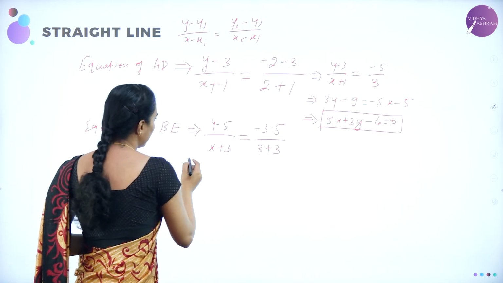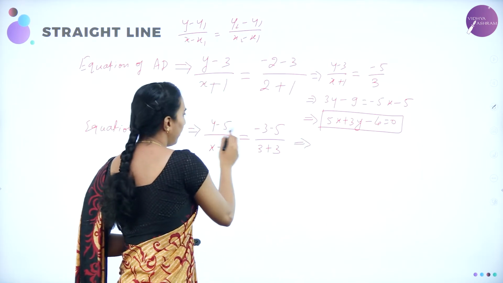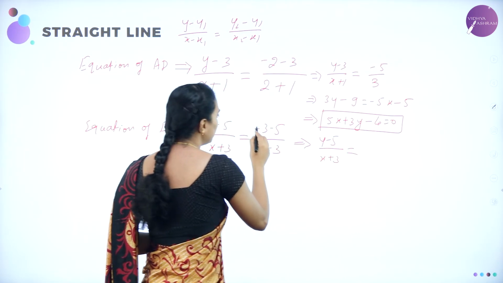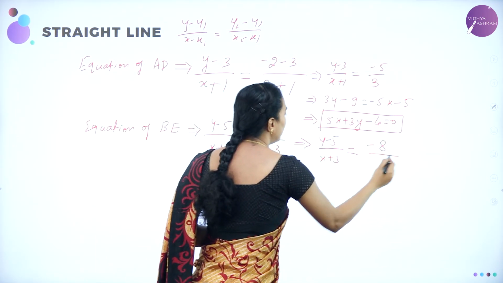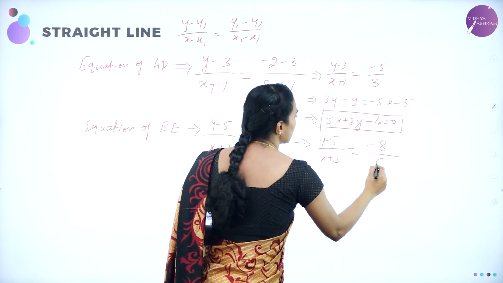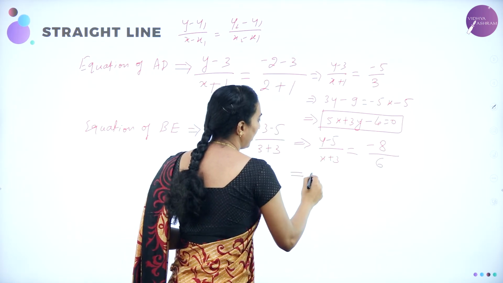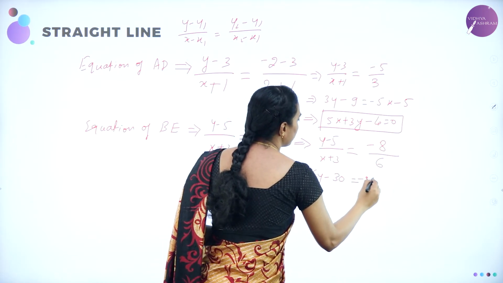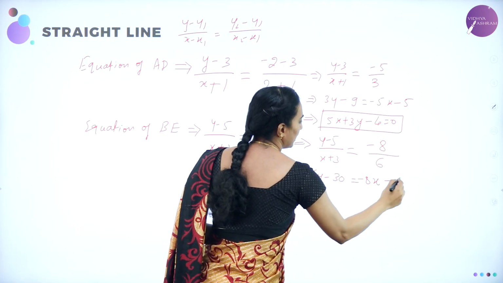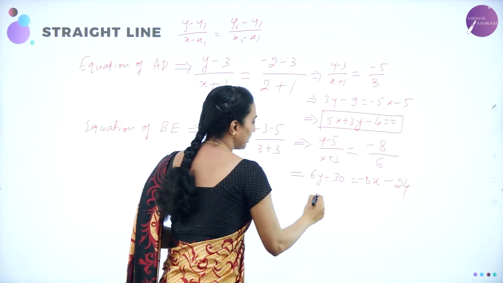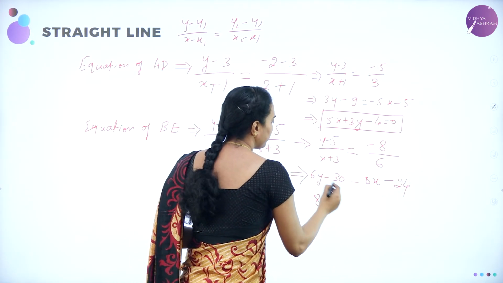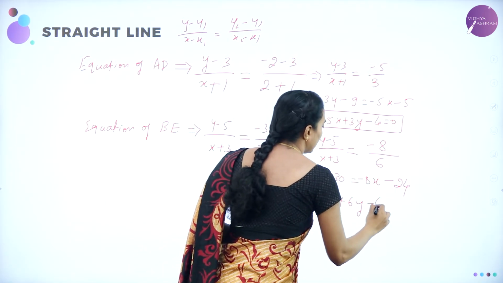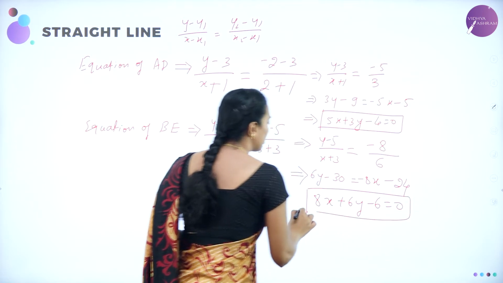So (y minus 5) divided by (x plus 3) is equal to -8 divided by 6. Cross multiplying, 6y minus 30 is equal to -8x minus 24. Shifting to this side, 8x plus 6y minus 30 plus 24, that is -6, equal to 0. This is the equation of BE.